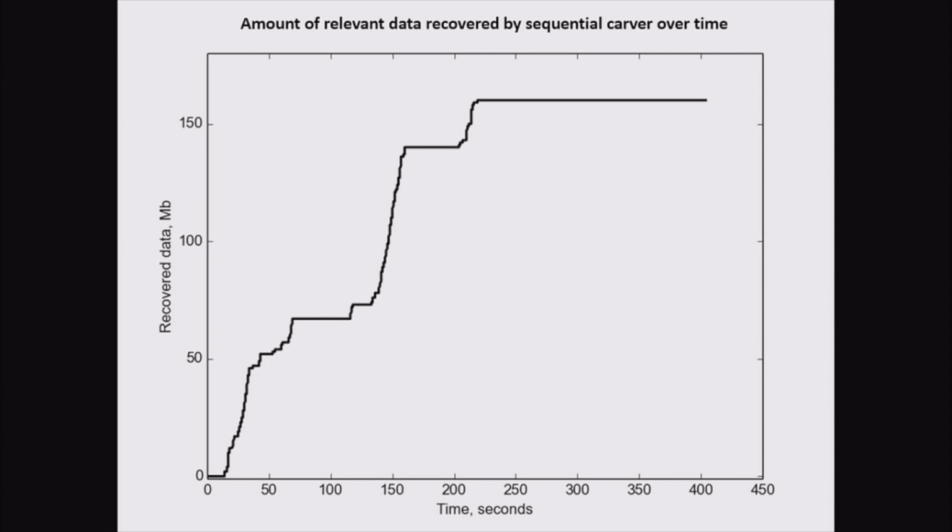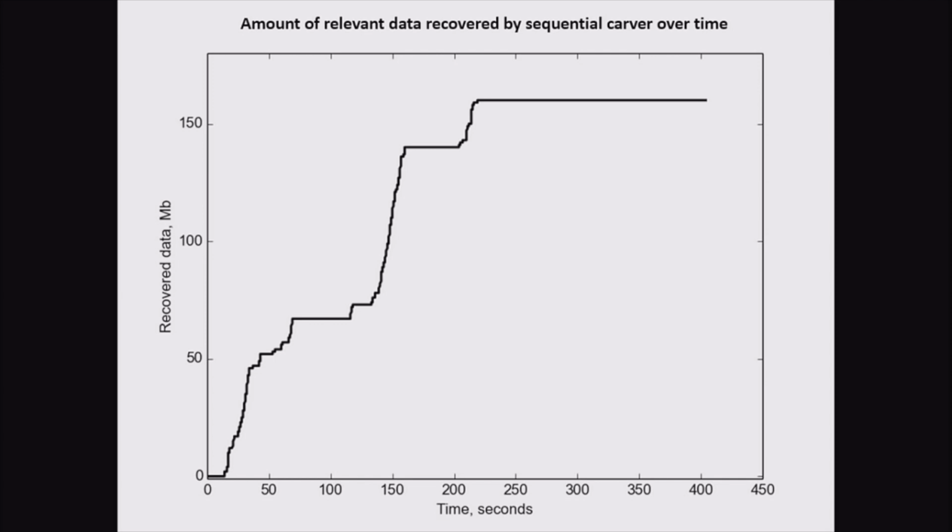For it, the graph looks like this. There are some steep climbs when it finds relevant data, and there are long plateaus when it goes through areas of the drive that contain no relevant data. And clearly, if we want to improve the situation, we want the graph to climb all the way to the top at the beginning and then just maybe stay flat until the very end.